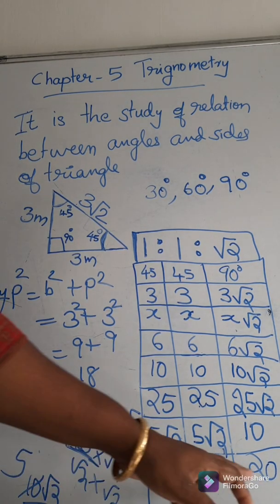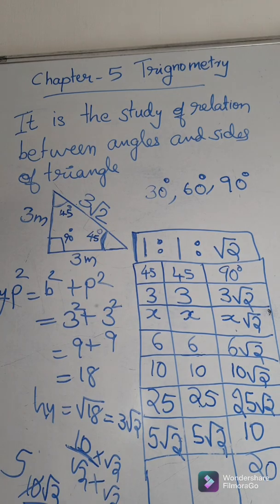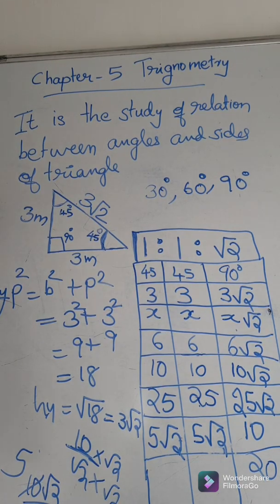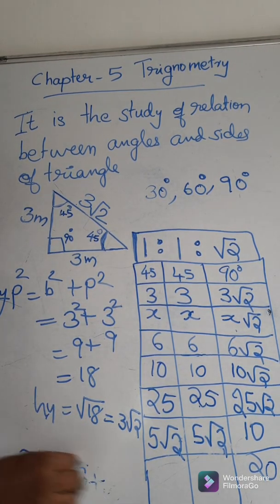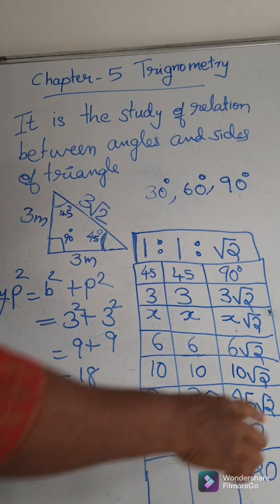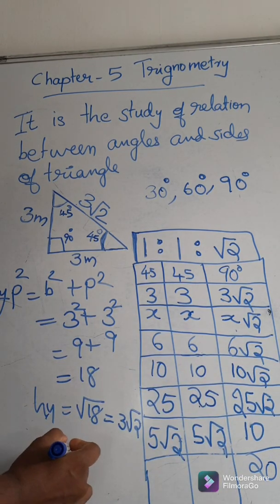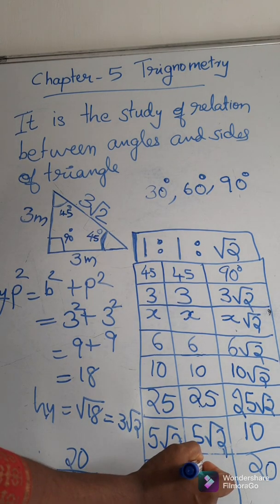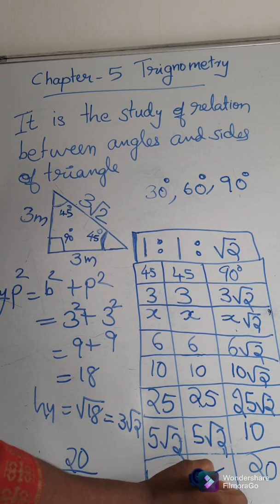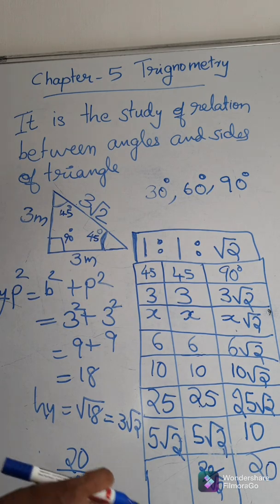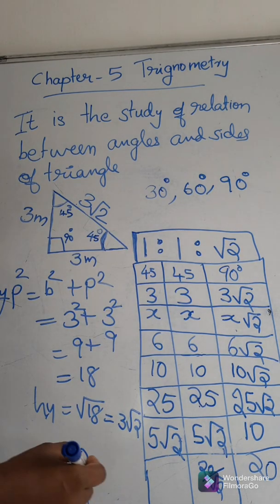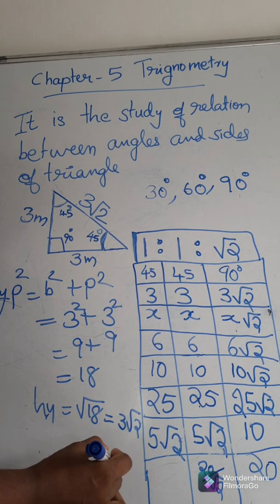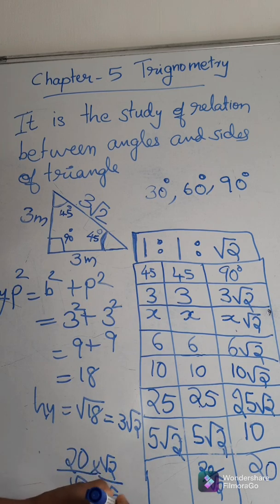Now we can check the next one. Here 20, they have not mentioned root 2. So the hypotenuse is 20, so we divide by root 2. The answer will come 20 divided by root 2. Now we multiply root 2 in the numerator and the denominator.